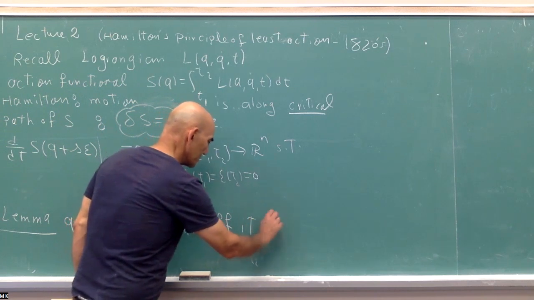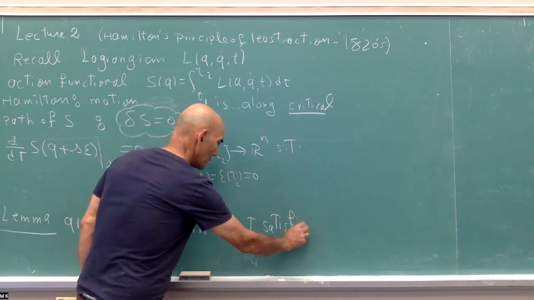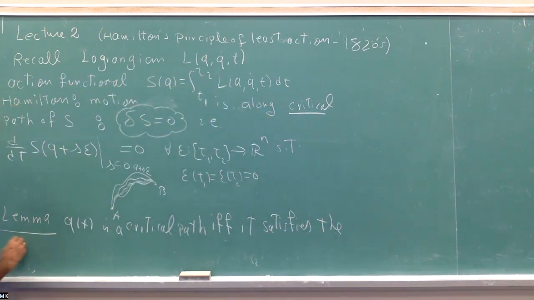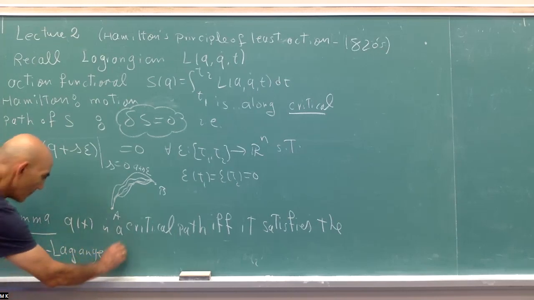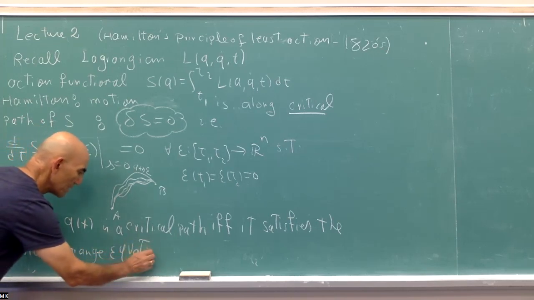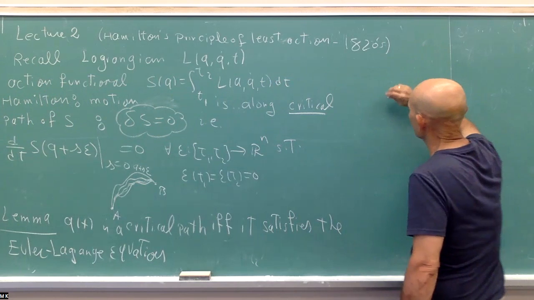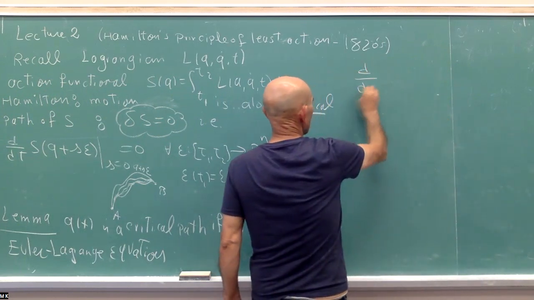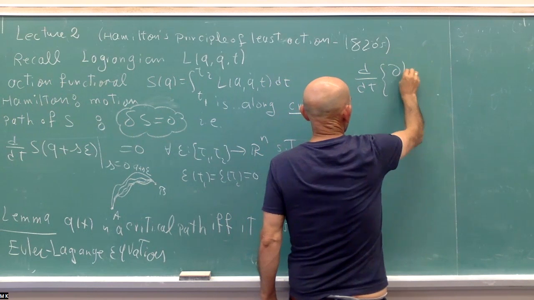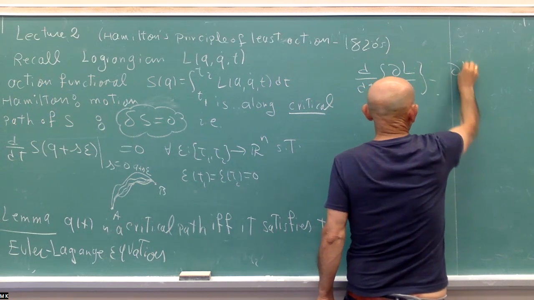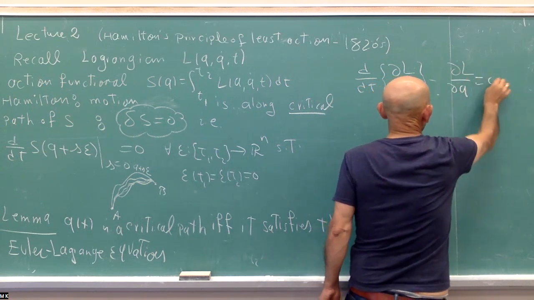There may be several equations. So I write first one equation. This would be d/dt of dL/dq dot minus dL/dq equal to 0.